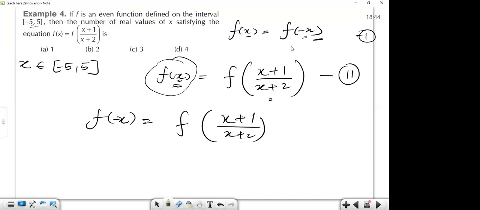Now we have used the given information that the function is an even function and also what was given to us. Now let's try to equate the variables on minus of x plus 1 upon x plus 2. Can we do so?